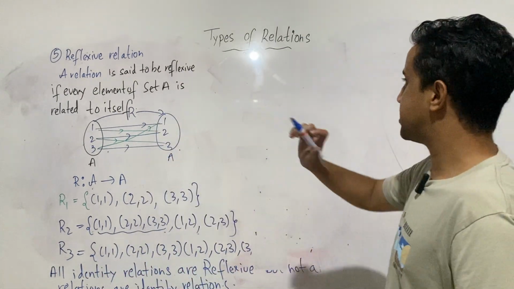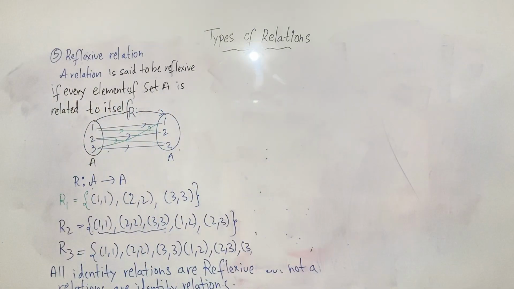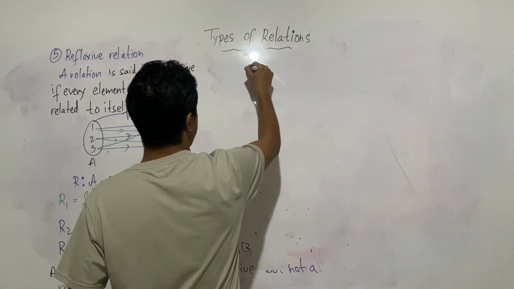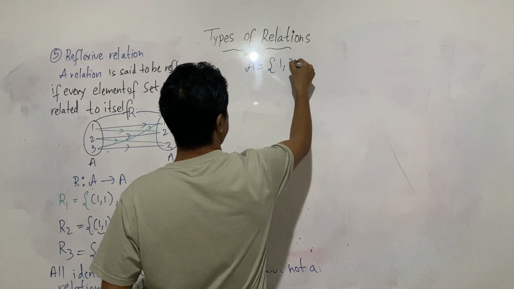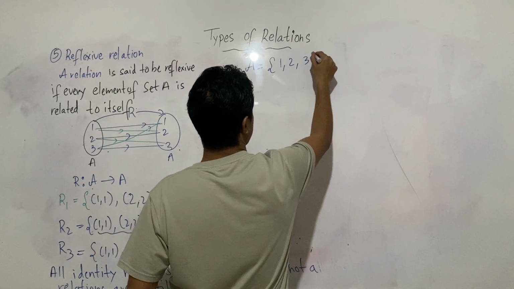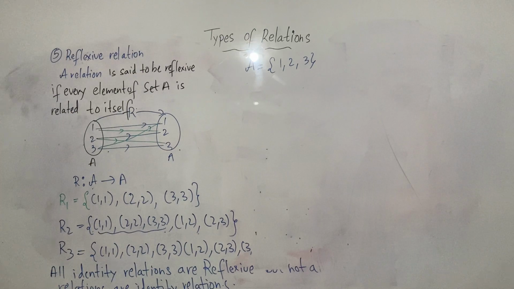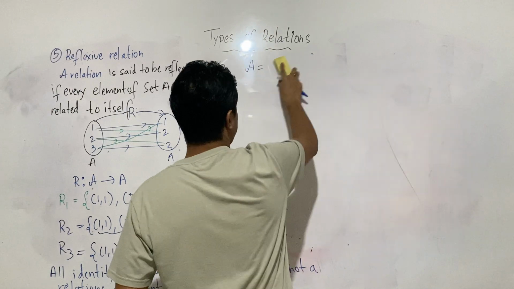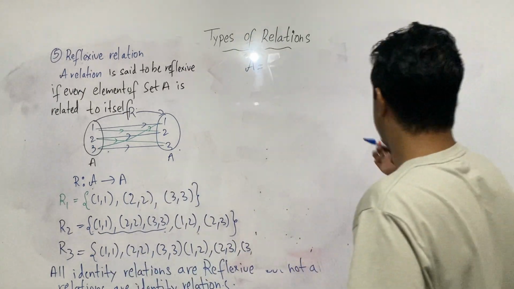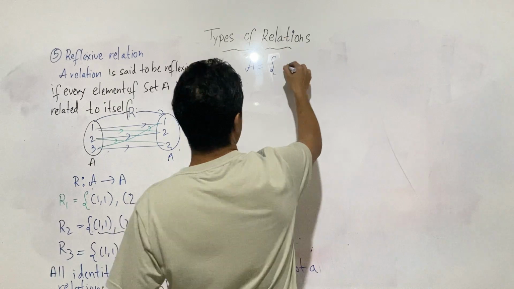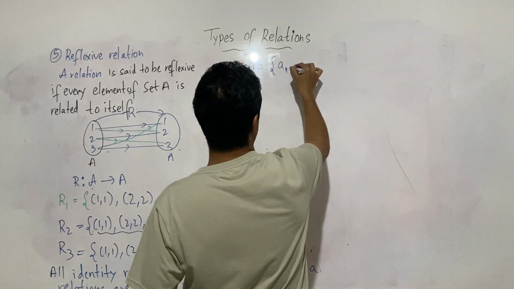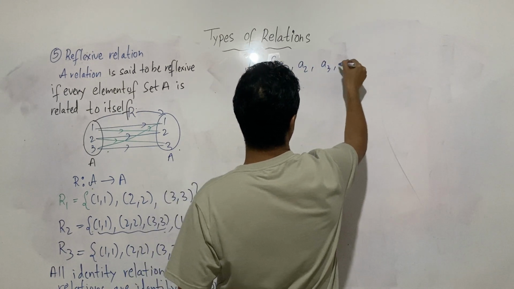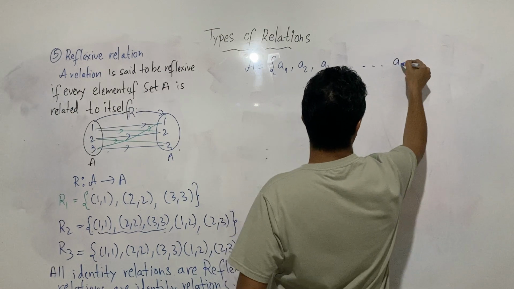Now see here, let's say that I have a set here. Keep it simple. Here A is the set where I have n numbers, A1, A2, A3, and so on up to An.